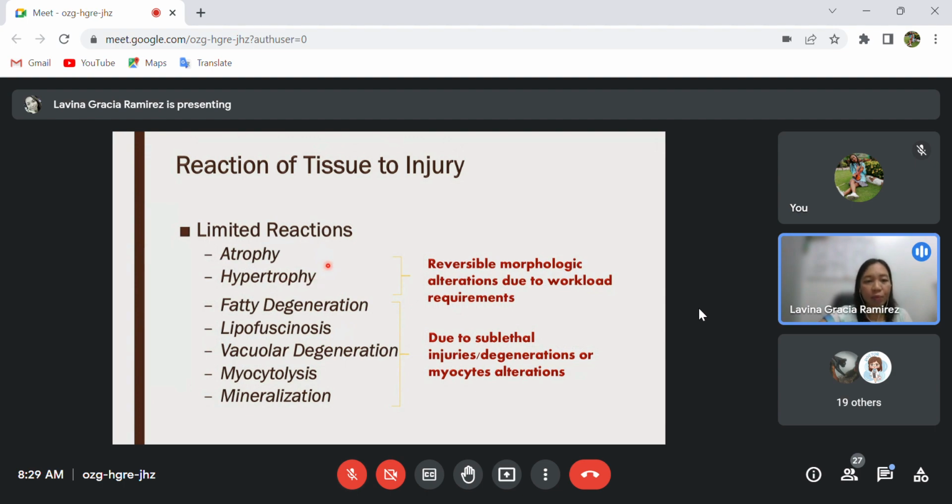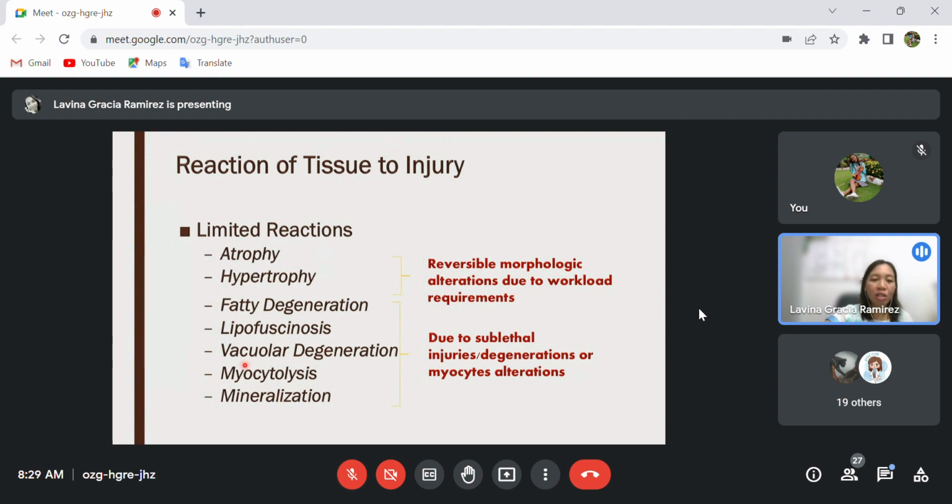Atrophy and hypertrophy can be reversible morphologic alterations due to workload requirements. For sublethal injuries, there is a chance that the heart's conditions might lead to degeneration, developing lesions such as fatty degeneration, lipofuscinosis, vascular degenerations, myocytolysis, and mineralization.